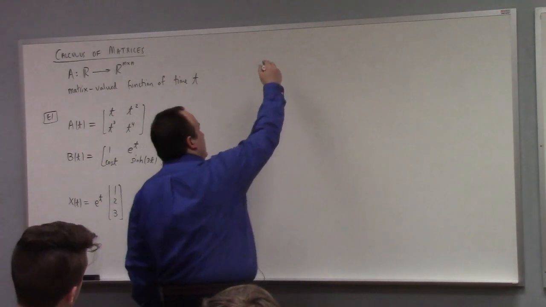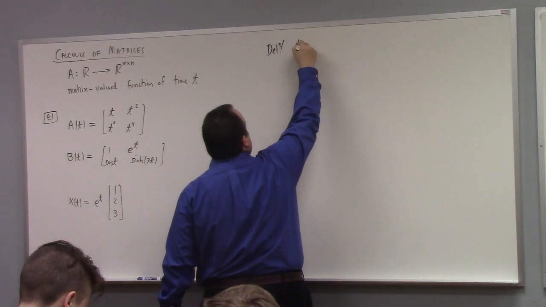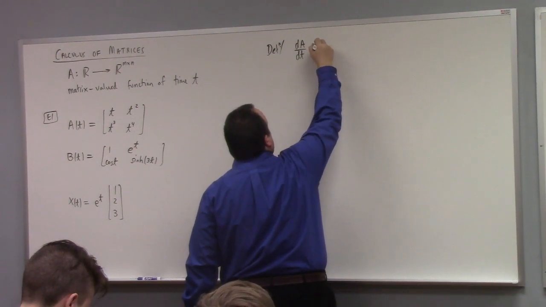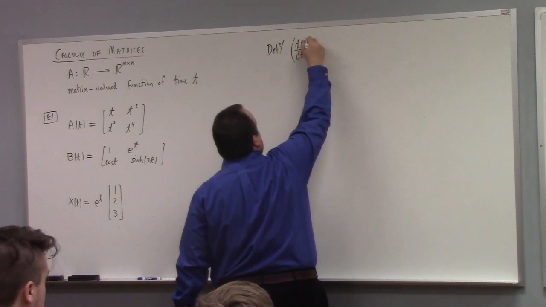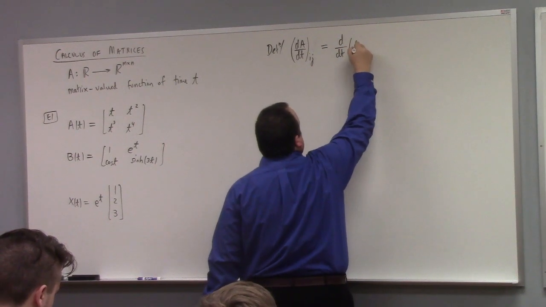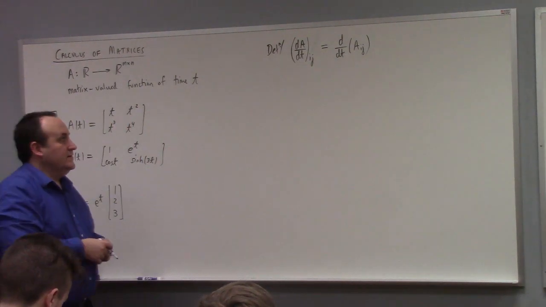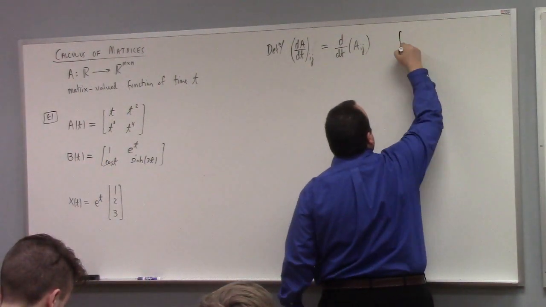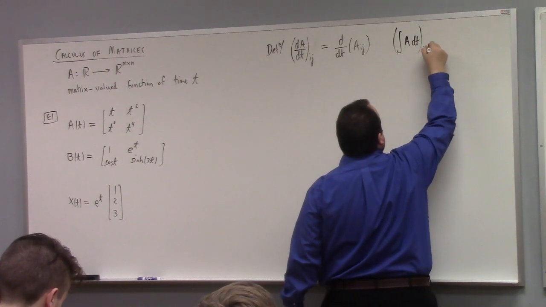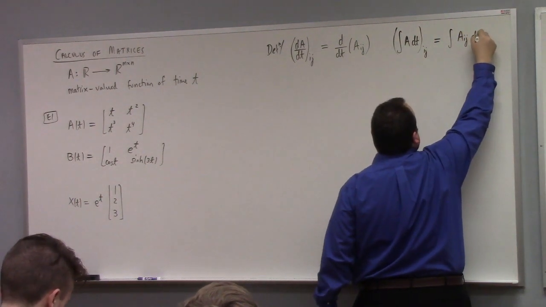We could take limits, but you guys don't like limits, and neither do I. So let's make a definition, which is this. dA/dt is, let's just define it this way: the ijth component of dA/dt, guess what it's going to be? It's going to be the derivative with respect to t of a_ij. So likewise, the integral of A dt, the ijth component of that is just literally going to be the integral of the ijth component dt.